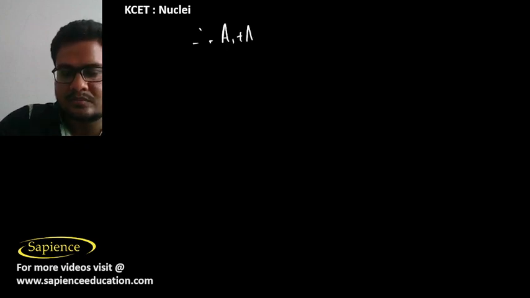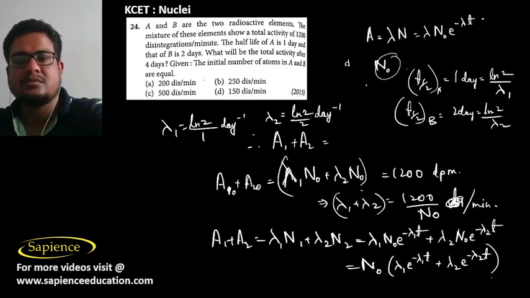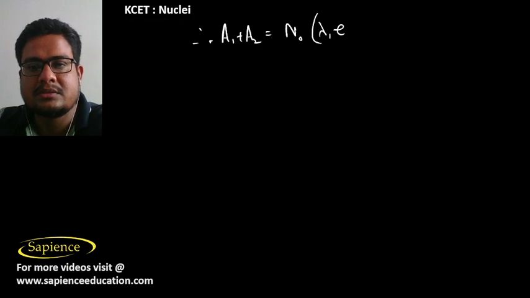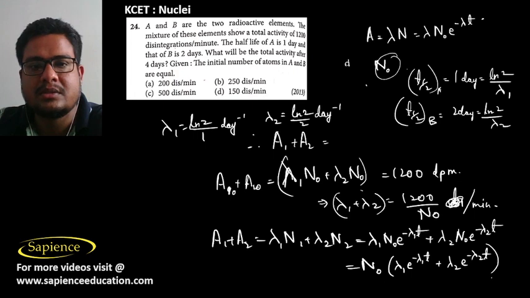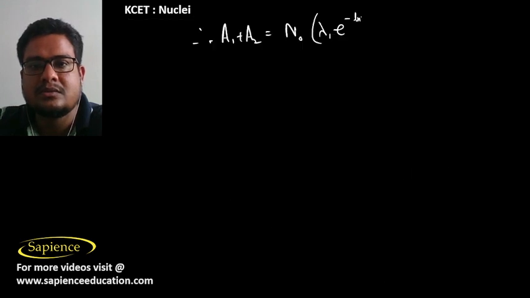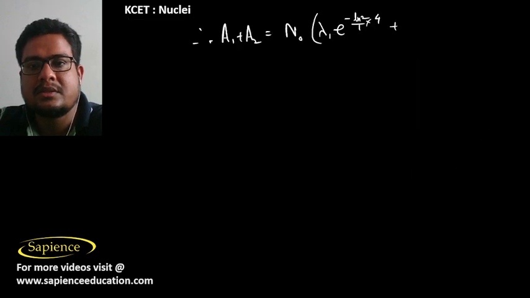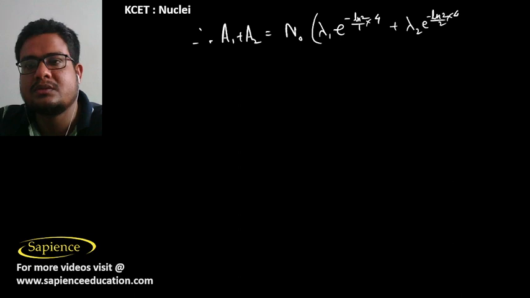Therefore A1 plus A2 will be equal to n naught into lambda 1 e power minus 1 by 1 into t, which is 4 days, plus lambda 2 into e power minus 2 by 2 into 4 days.